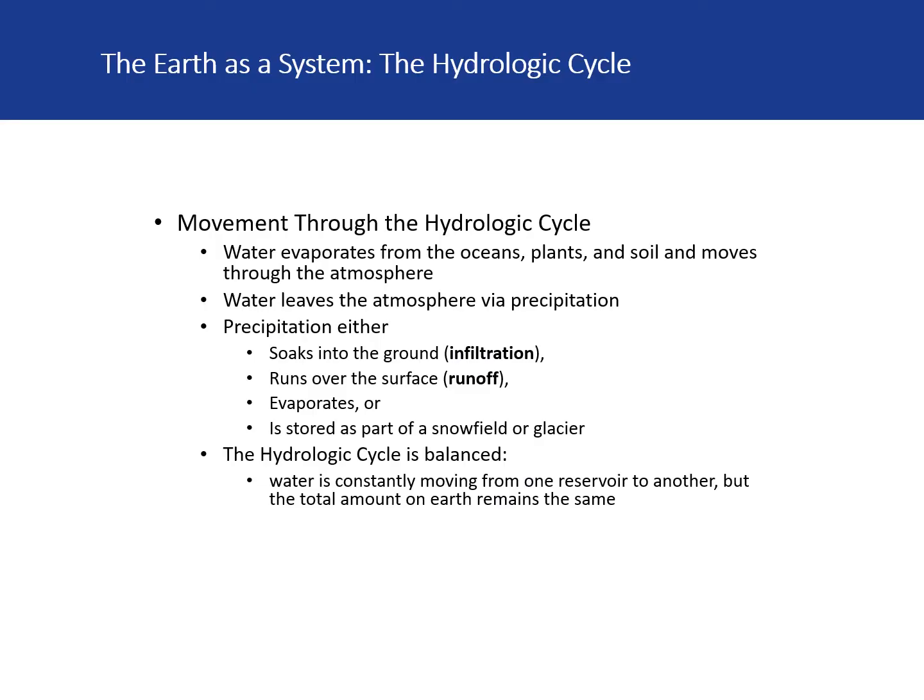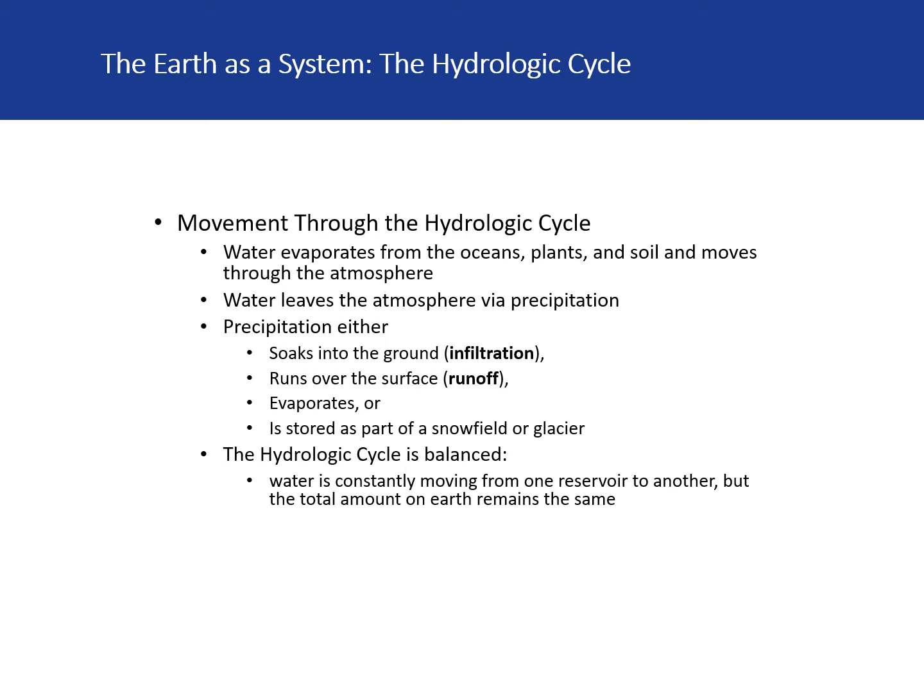Let's move on. So the hydrological cycle is just understanding how water moves through all the different reservoirs. How it moves from the oceans to land to rivers to lakes to groundwater through plants. Okay, and essentially, water can move through all of these reservoirs through a number of processes.